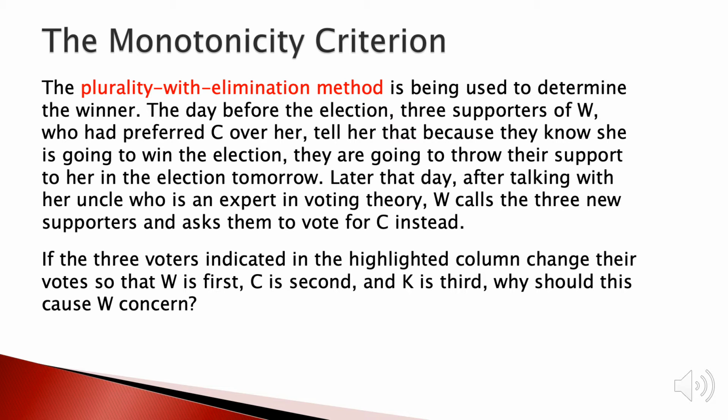It may be a little complicated here, let me explain. As highlighted in the preference table, the 3 voters originally preferred C to W to K. If they change to support W, the preference list will be W to C to K. So we are going to consider why this will cause W trouble instead.